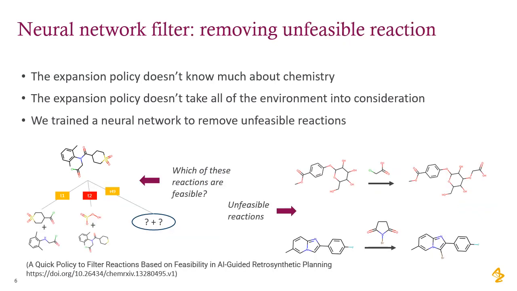Applying the templates given by the expansion policy is not always a great idea, because the expansion policy doesn't know a lot about chemistry. It doesn't take all of the environment of the reaction into consideration. And therefore we train another neural network to filter unfeasible reactions.